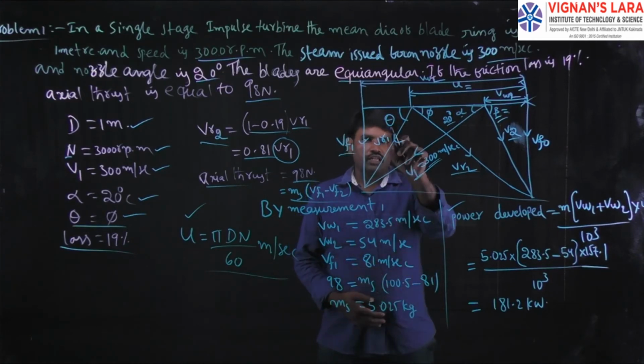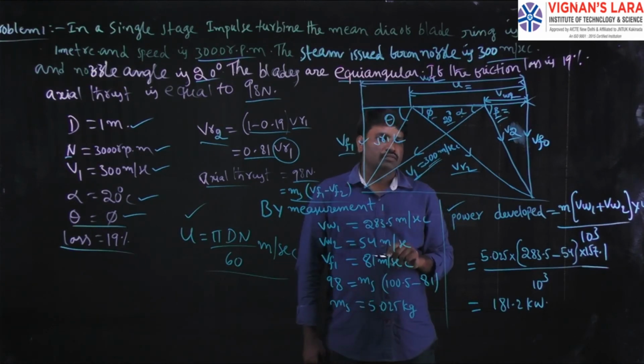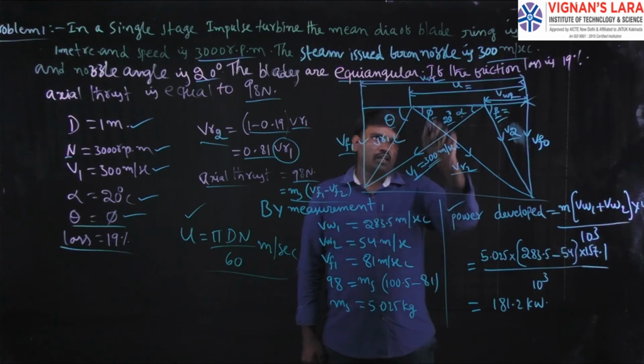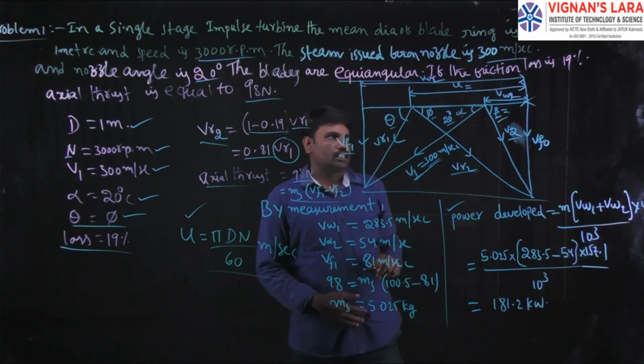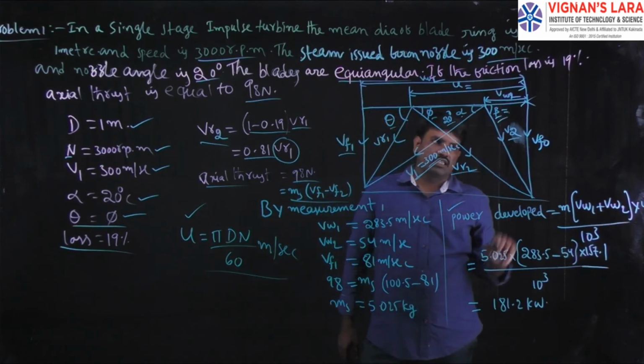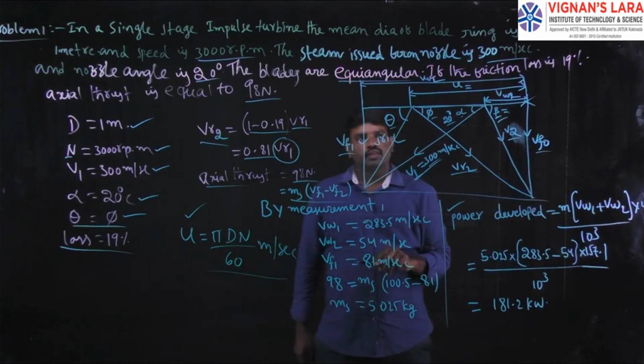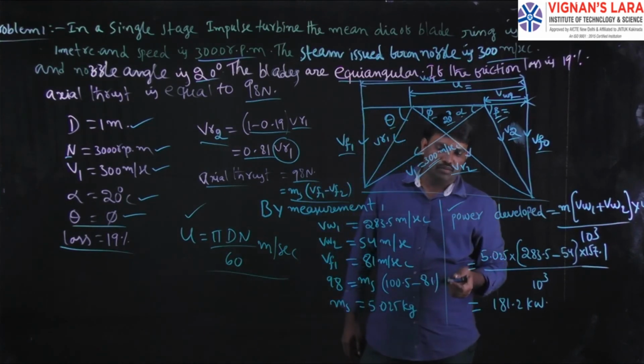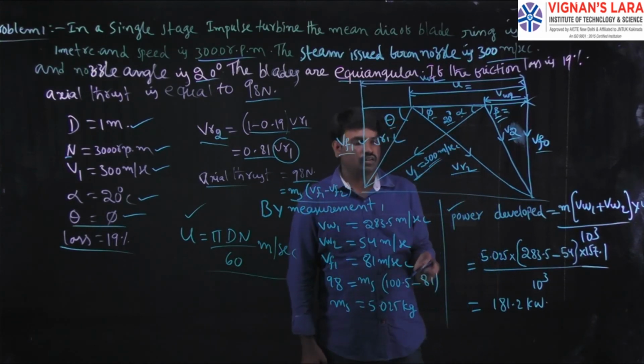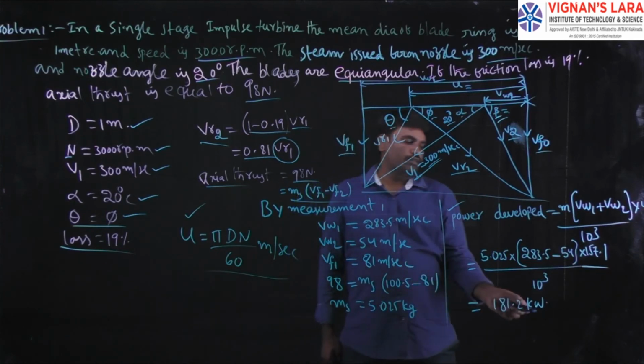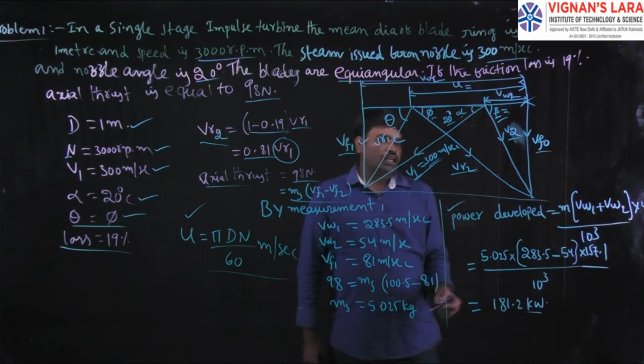From the combined velocity triangle you can easily evaluate all parameters. Theta and phi you can easily measure from the combined velocity triangle. Vr2 you can measure. Vw1 you can measure, and Vw2 you can measure. Vf0 you can measure, and beta and V2 also you can calculate. In the present problem he wants to calculate the power developed by the turbine in kilowatts.